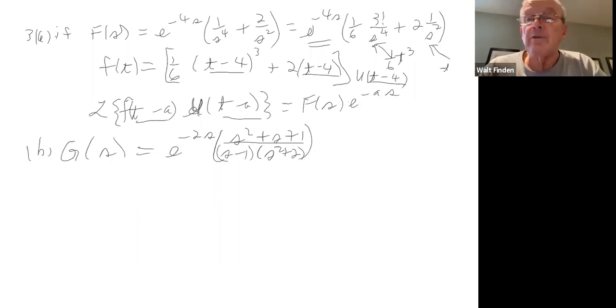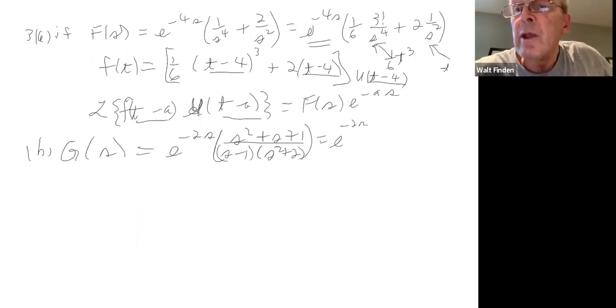I use the partial fractions to make that simpler. And so we will have here e to the minus 2s, and using the partial fractions, I won't do that part, we have 1 over s minus 1 and we have 1 over s squared plus 2.